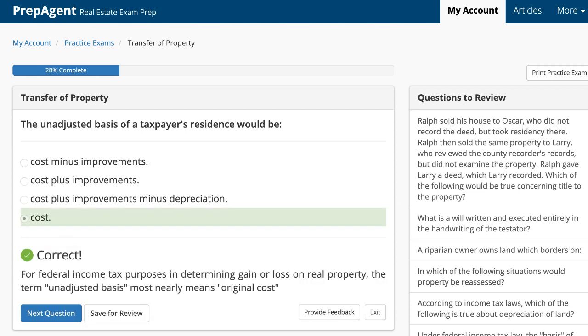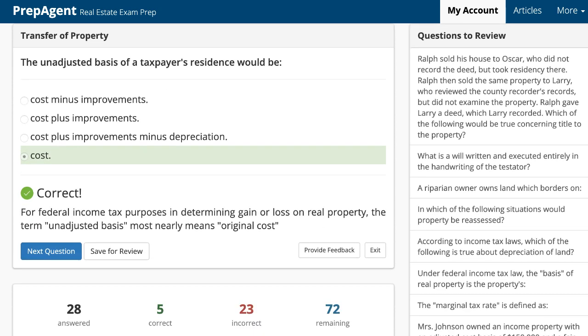And the answer is D, cost. Okay, good. The unadjusted basis is the cost of ownership.